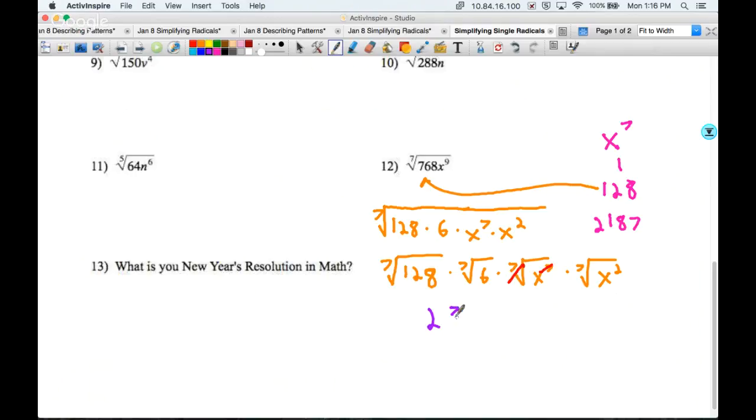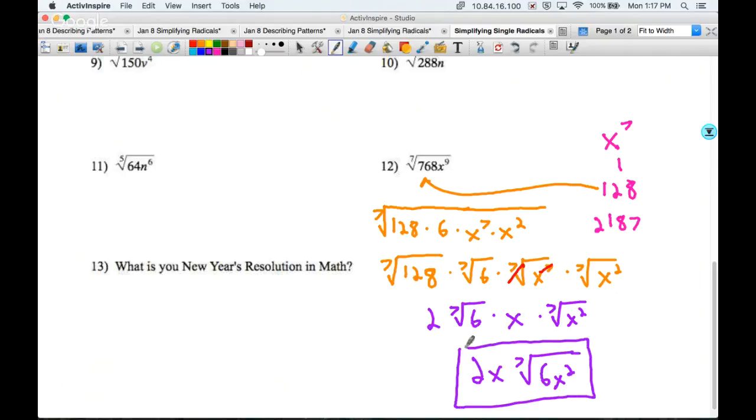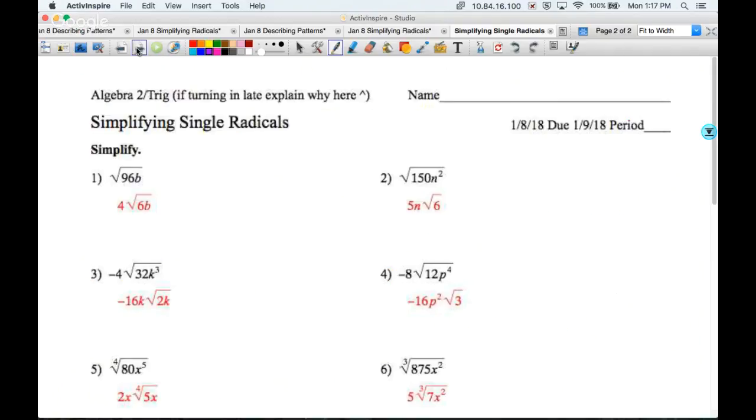So we got 2 seventh root 6 times x times the seventh root of x squared. And we'll repackage that all. It's 2x seventh root 6x squared. Final answer. 2x seventh root 6x squared.